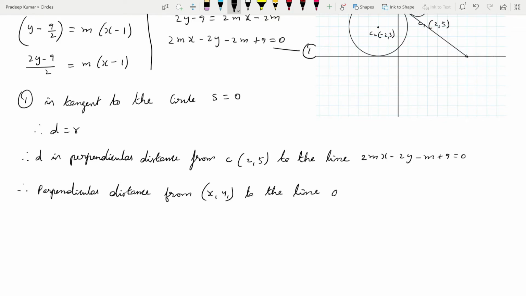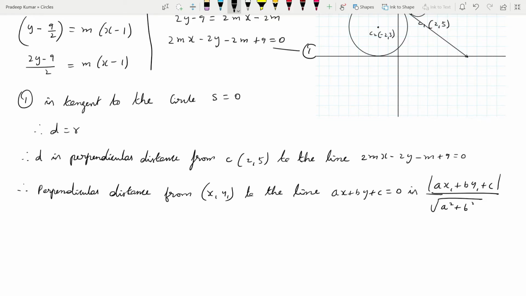Suppose the general equation is ax + by + c = 0, then the formula is |ax1 + by1 + c| divided by the square root of a squared plus b squared. So this is what we are going to get with the general equation.